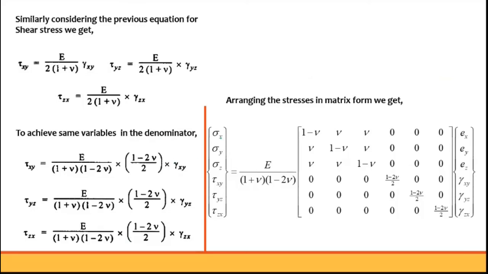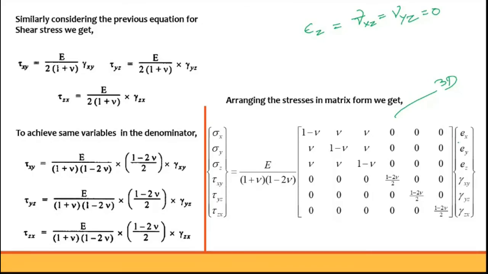Let us consider it. So you have sigma x, sigma y, sigma z, tau xy, tau yz, and tau xz. So this is the overall matrix, the stress strain matrix in 3D. If you have a 3-dimensional element, then this is my matrix. Now for plane strain condition, you know that strain in Z direction and all these Z direction terms are 0.